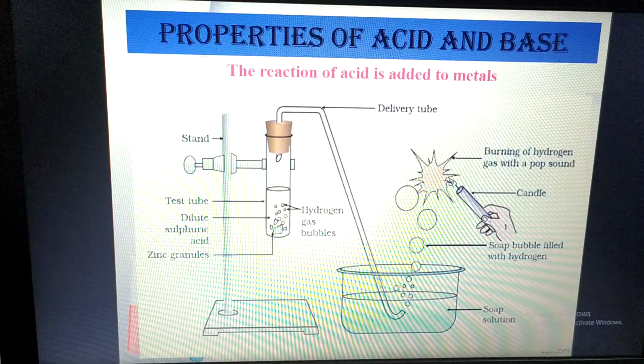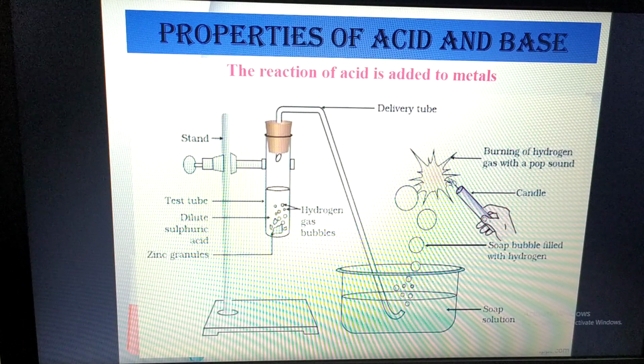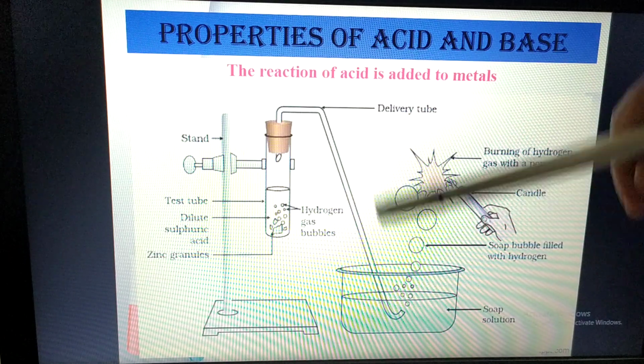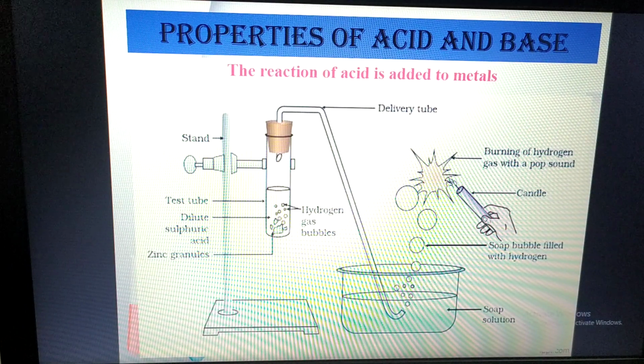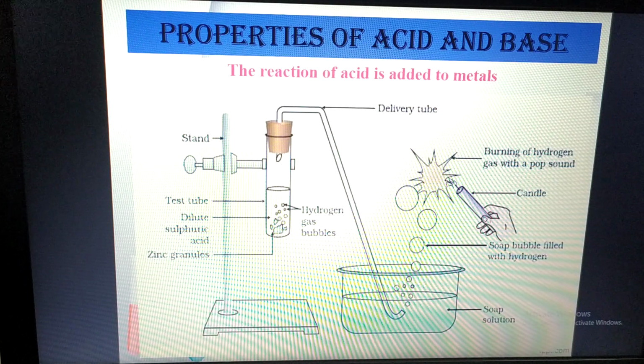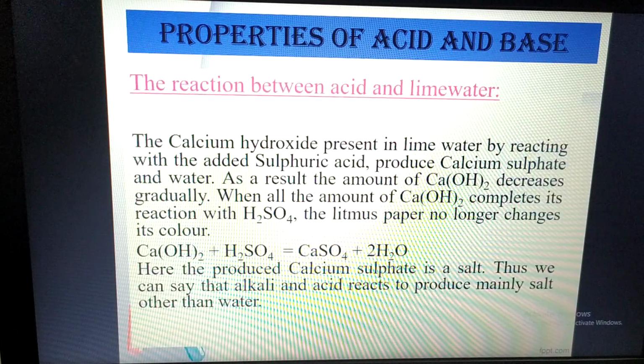So by this experiment we can easily understand that when any metal is added to the acid, it will produce gas bubbles, and that gas is obviously hydrogen gas. Any kind of metal you take, here is zinc, you can use calcium, magnesium, sodium, that's it.